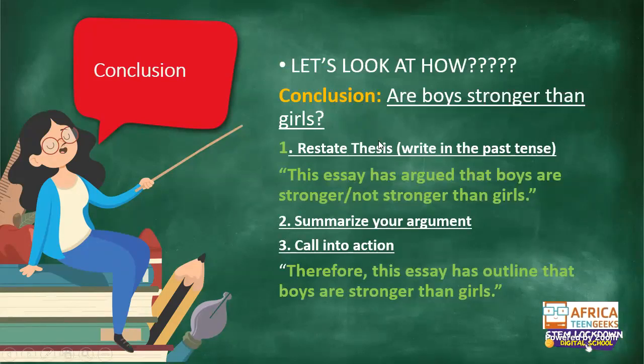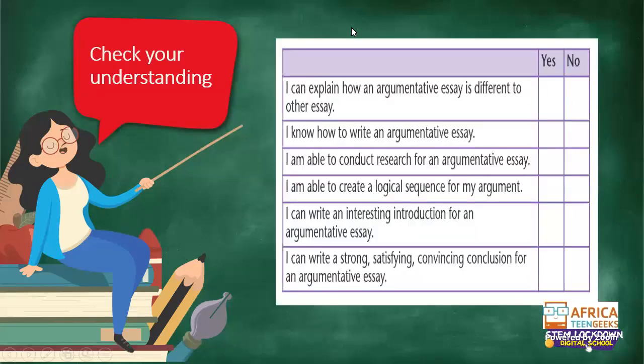This is how you are most likely to restate your thesis in a conclusion. Remember to always write your conclusion in the past tense. Example, this essay has argued that boys are stronger or not stronger than girls, depending on what you might have been arguing on.